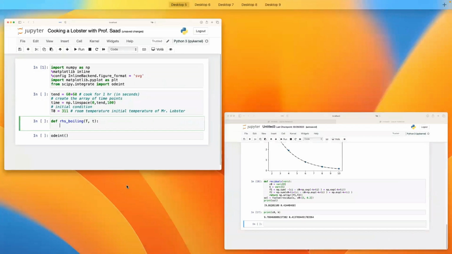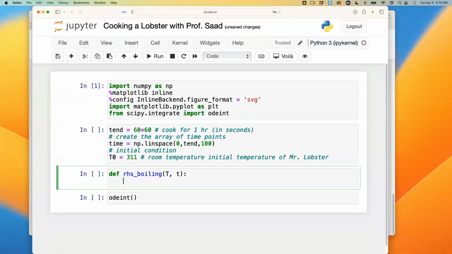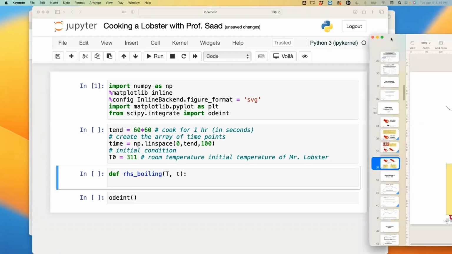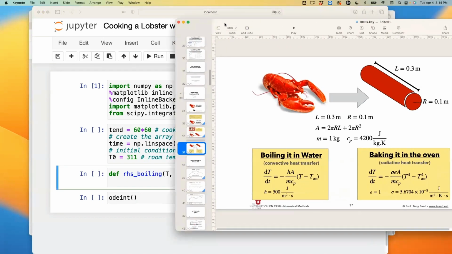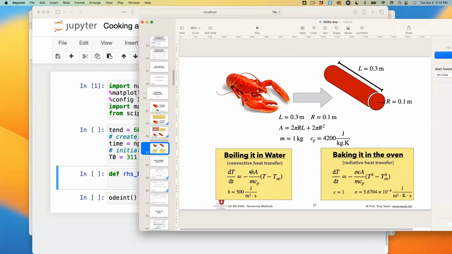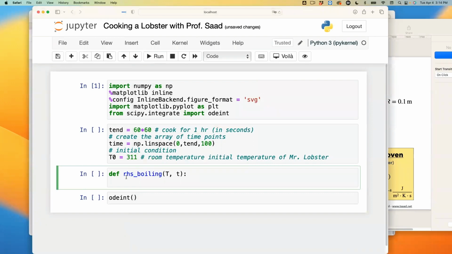So for boiling, let me grab the slides. Okay, so for boiling, we had minus hA over m c_p, times T minus T infinity, and we have all of this information over here. Let's go ahead and implement all of those numbers.